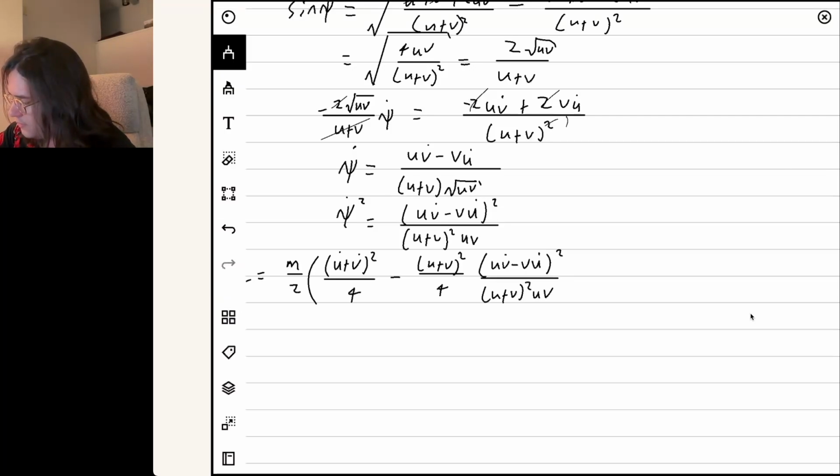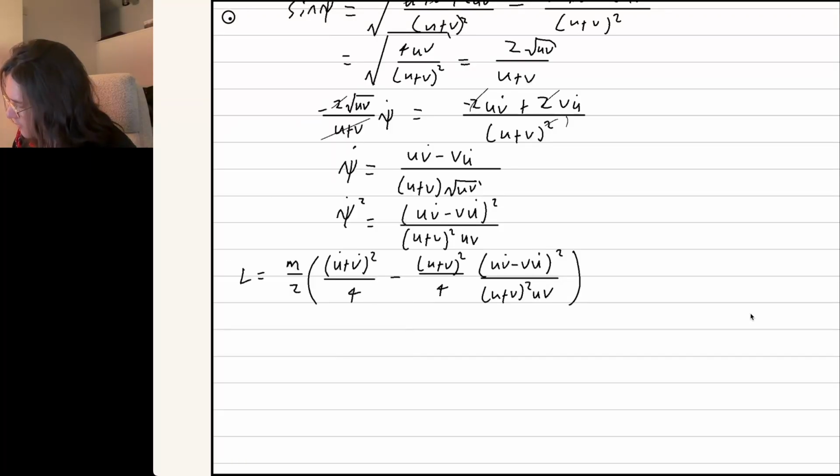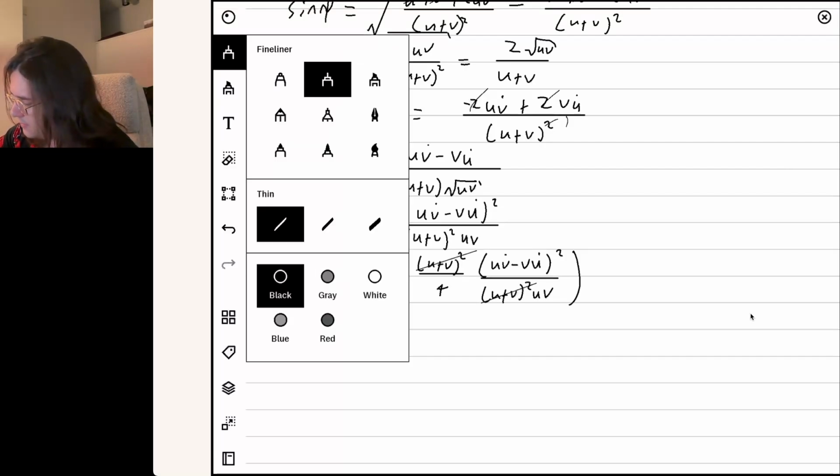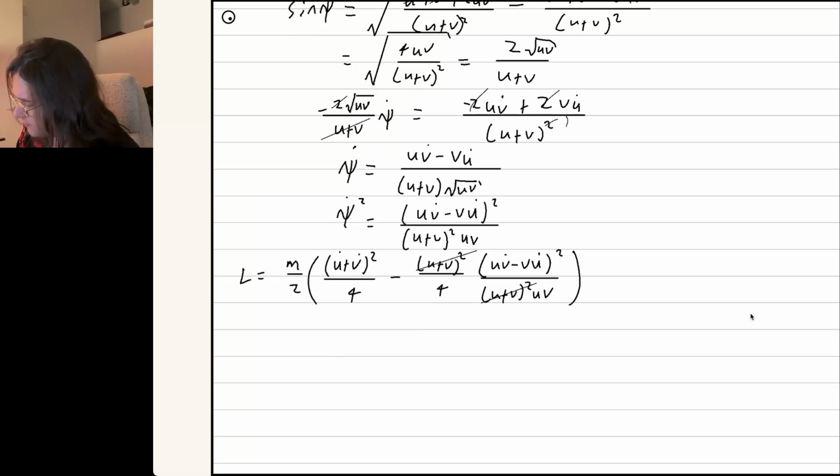Those u plus v squared terms will cancel out, turns out. And we'll distribute the 4 back outside of the parentheses. So it'll be m over 8.